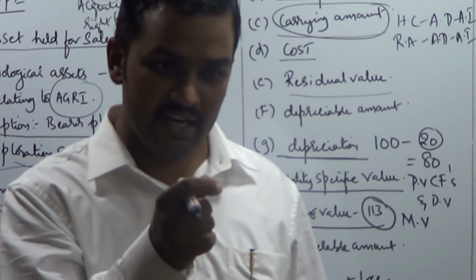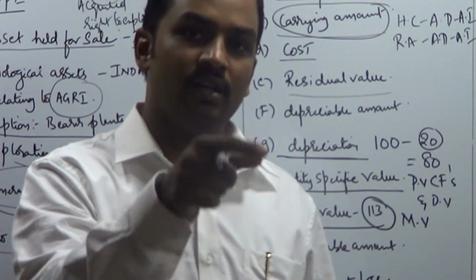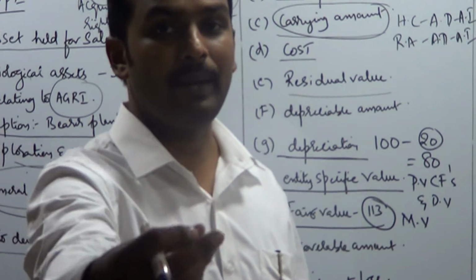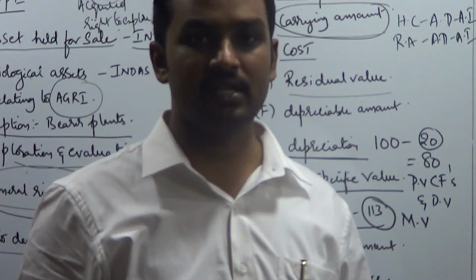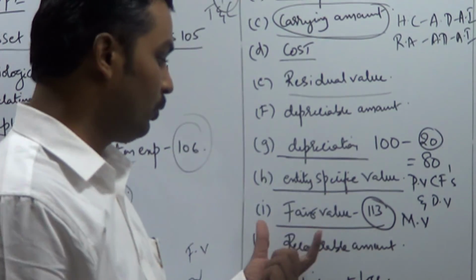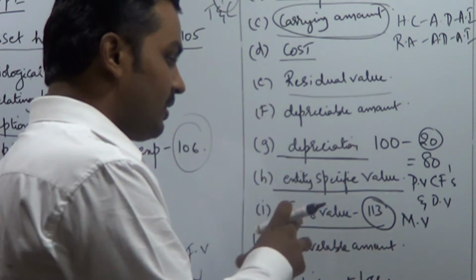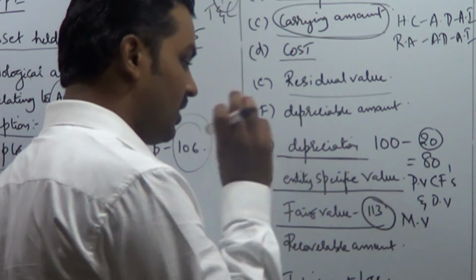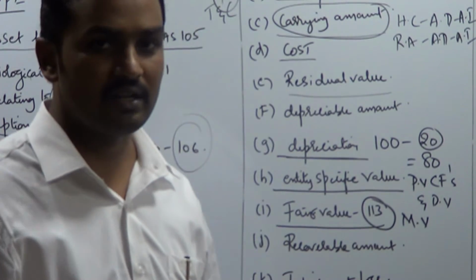So on a specific date, in an orderly transaction, the price at which I would sell the asset or the amount which I have to pay to transfer a liability to the other party, such amount is called fair value. Detailed prescriptions of how to determine fair value are given under Ind AS 113. So normally we are talking about market values.